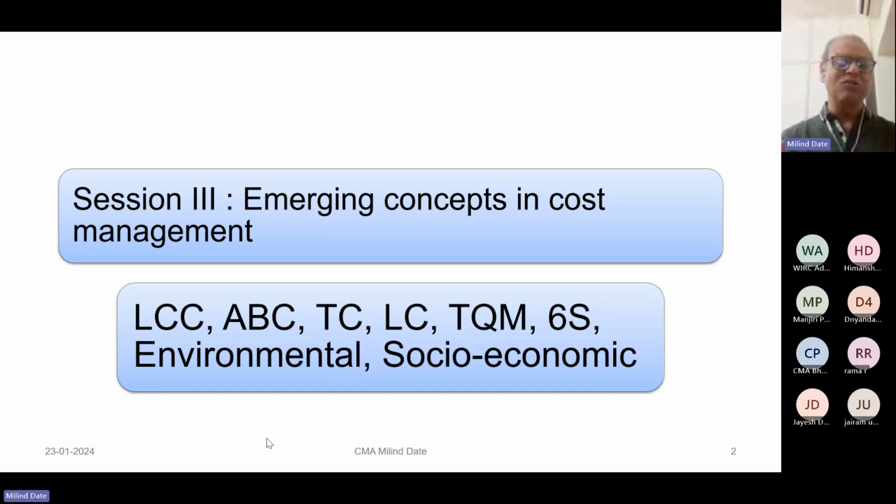Otherwise, you will have to concentrate on revising them once again and make sure that you prepare yourself very well for the examination. As somebody asked last time, our study materials and study notes are definitely going to be very useful to you.